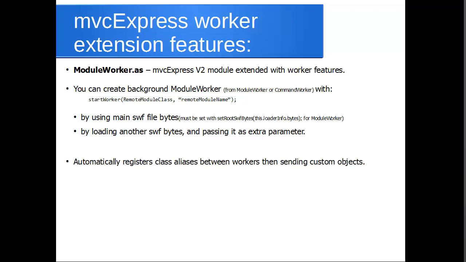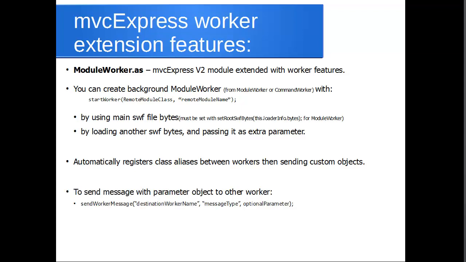Another thing that is so convenient with the mvcExpress worker extension is that it will automatically register class aliases for you. That means that if you send custom objects between workers, they will be fully typed.